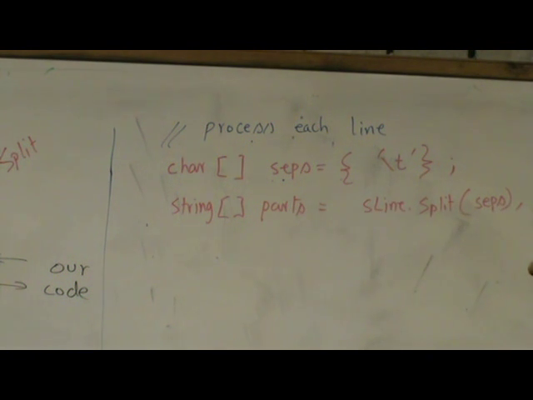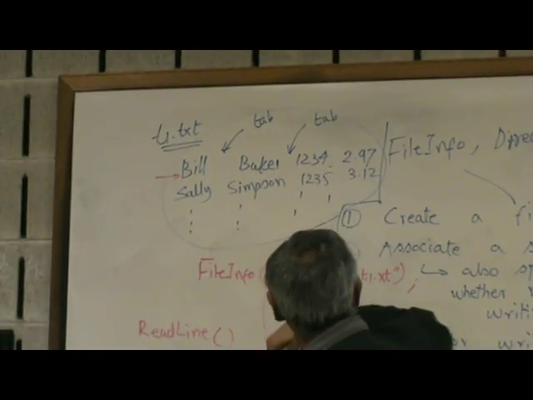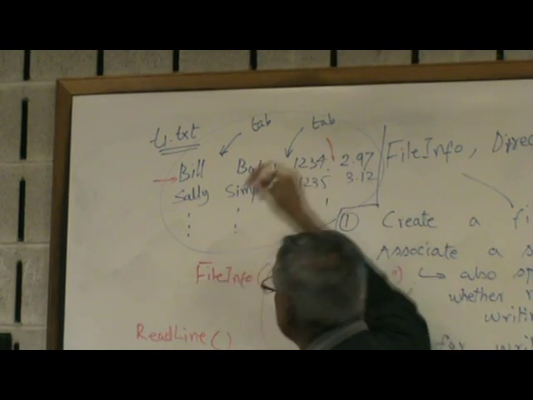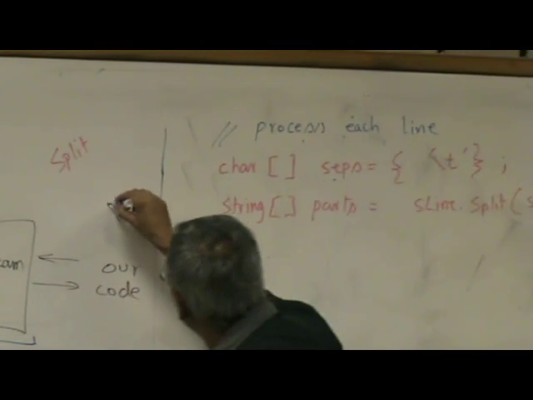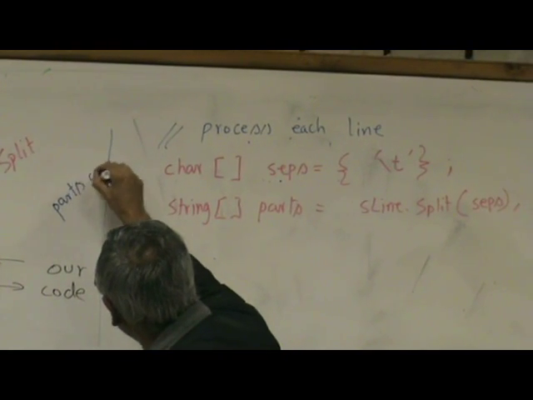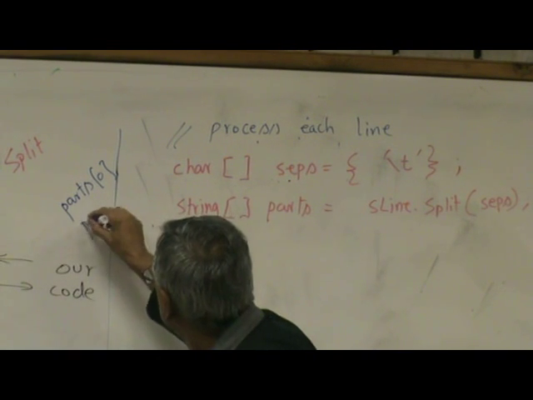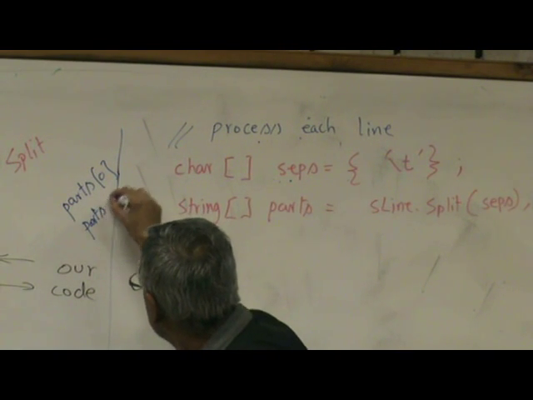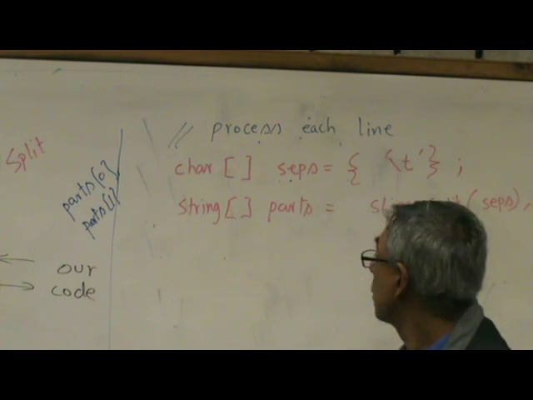So what it will do is break this line into as many parts depending upon how many tabs it finds. Okay. So in this example, automatically parts of 0 will be the first name, for example, Bill. Parts of 1 will be the last name, Baker, and so on.